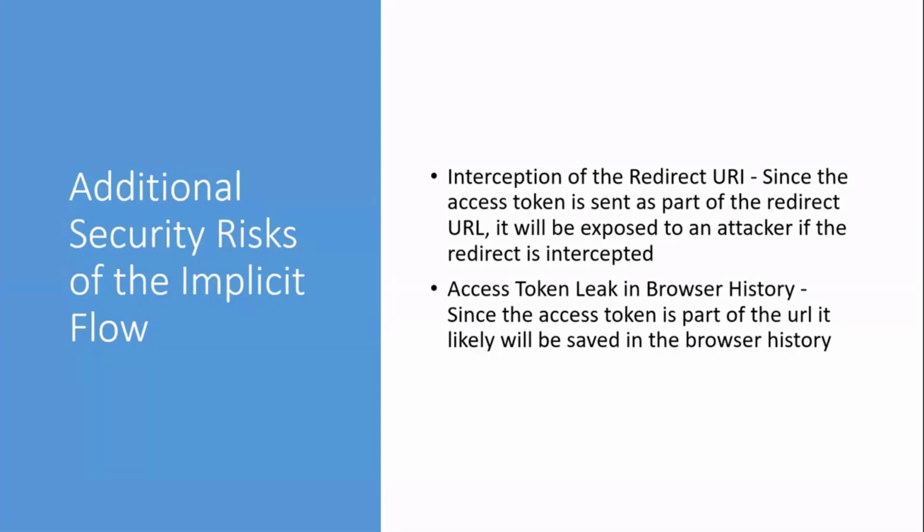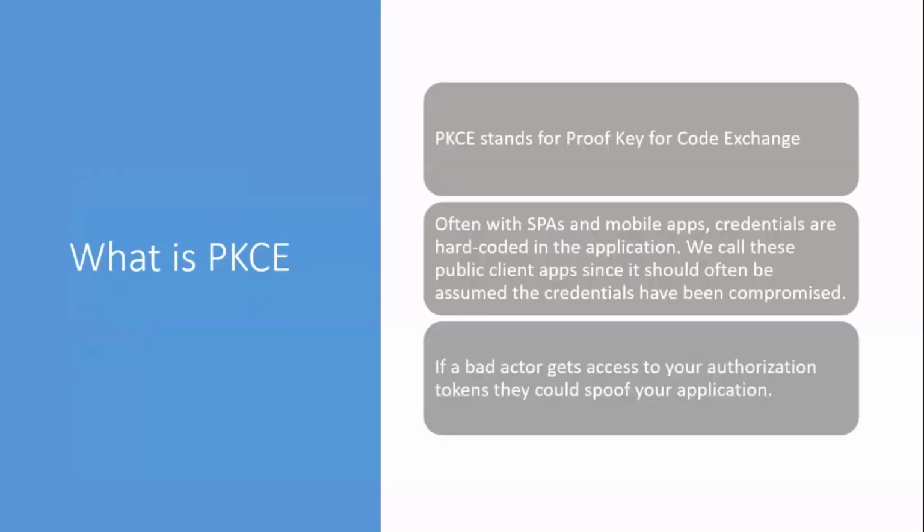Thank you. Yes. So I wanted to take it a step further and look at PKCE, which stands for Proof Key for Code Exchange. And the idea is that when you want an authorization token, you must prove that you're the application that is supposed to have the token. In our mobile apps and most of our SPAs, we've hard coded the credentials.